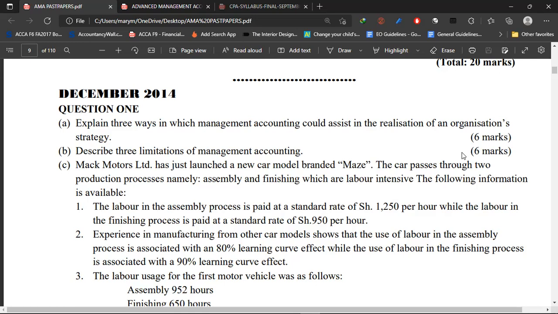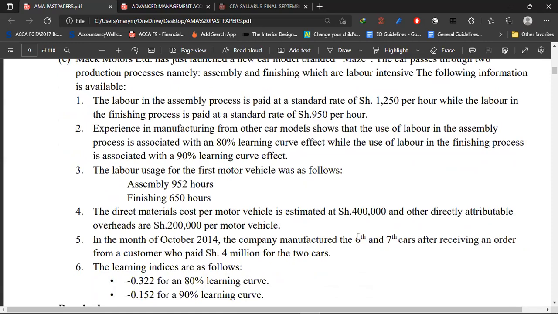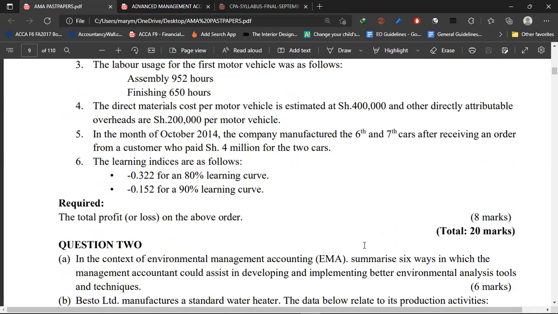In the month of October 2014, the company manufactured the 6th and 7th cars after receiving an order from a customer who paid $4 million for the two cars. The learning indices are as follows: negative 0.322 for an 80% learning curve, negative 0.152 for a 90% learning curve. Required, the total profit or loss on the above order.